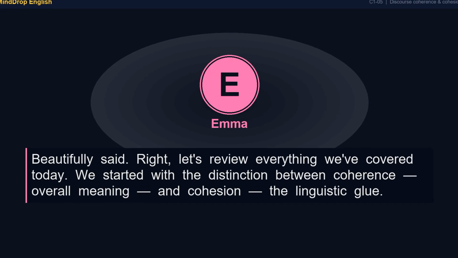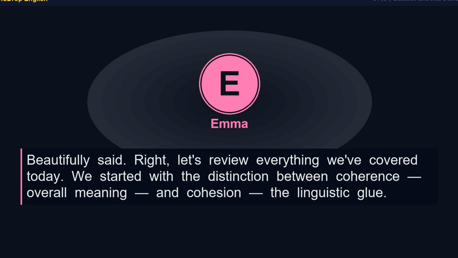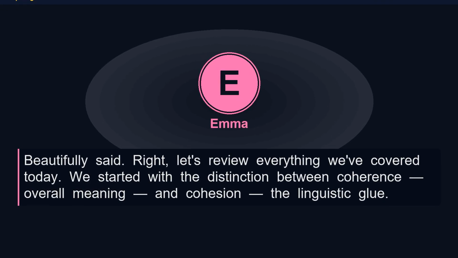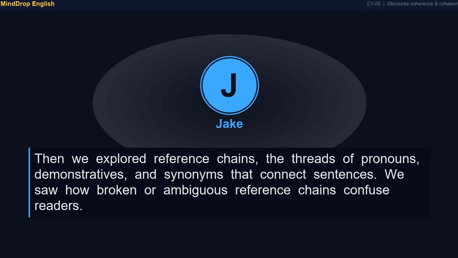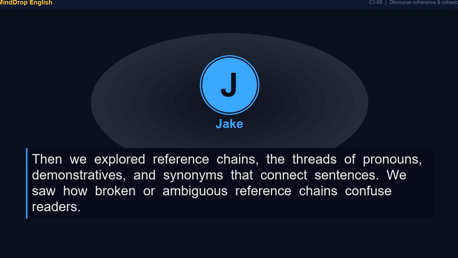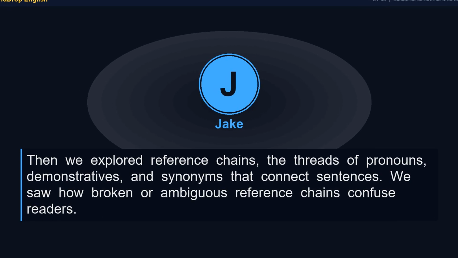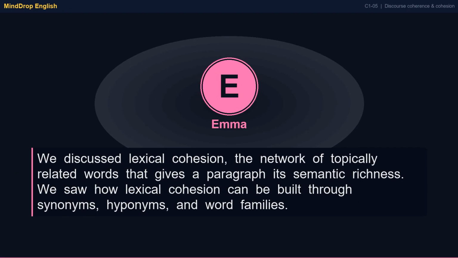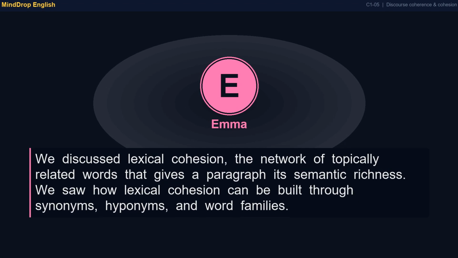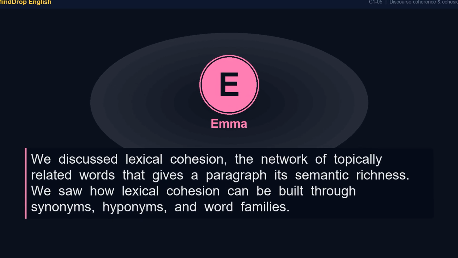We started with the distinction between coherence, overall meaning, and cohesion, the linguistic glue. Then we explored reference chains, the threads of pronouns, demonstratives, and synonyms that connect sentences. We saw how broken or ambiguous reference chains confuse readers. We discussed lexical cohesion, the network of topically related words that gives a paragraph its semantic richness.